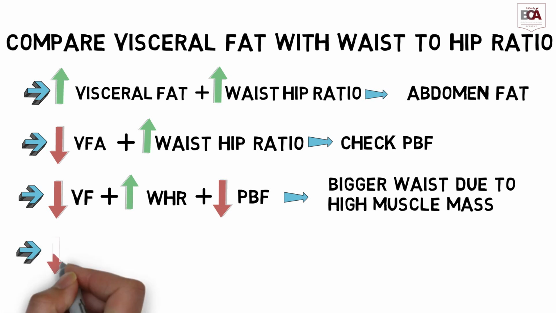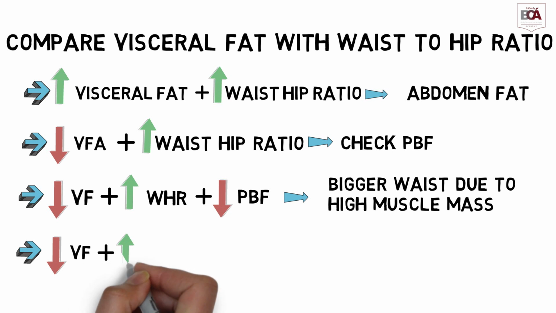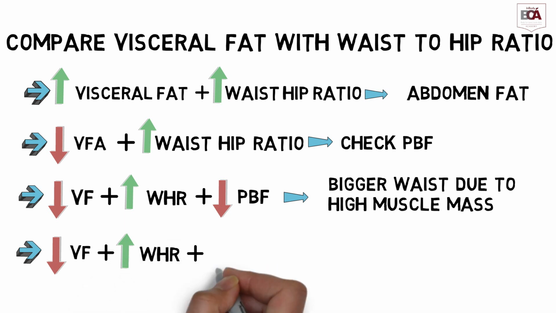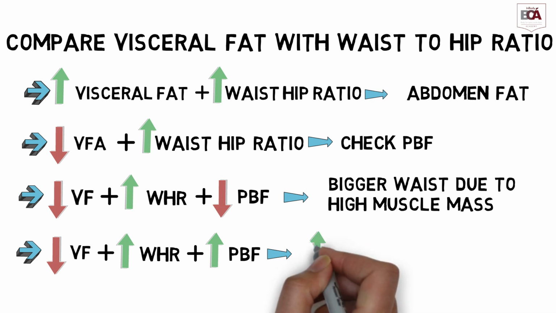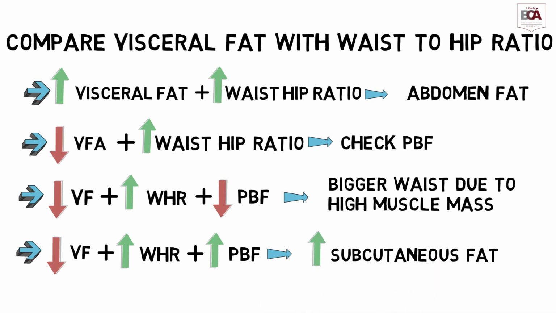Another example would be having low visceral fat, high waist to hip ratio, but high percent body fat. These people will have a certain amount of visceral fat as well, but it will be below 100 cm². This would be the group where they have higher body fat in the subcutaneous area.